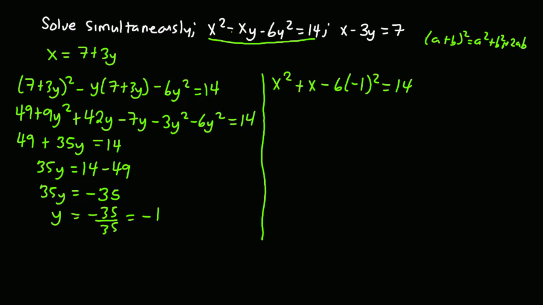So what I did was x squared minus, this is -1, so you get positive x, minus 6 into -1 all squared. So this will give x squared plus x. Then we have -6, because -1 all squared is 1, so -6 is equal to 14.